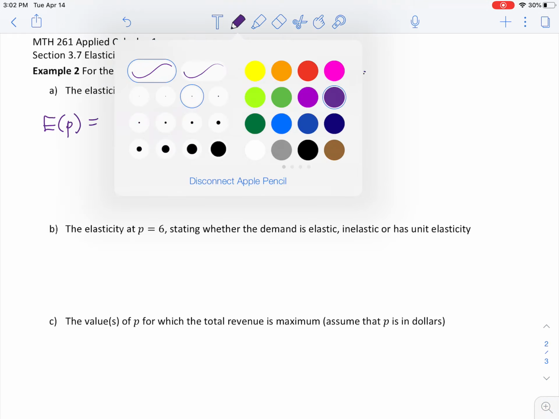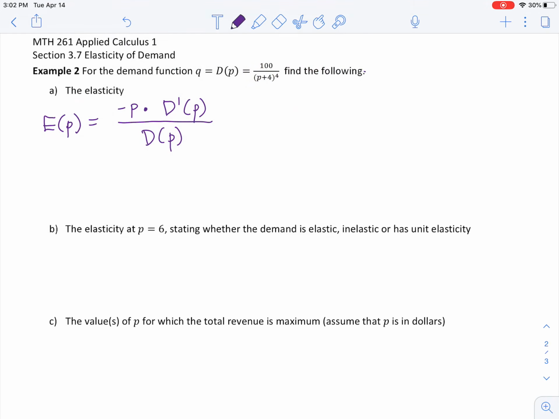Now, I know usually we try to use the quotient rule, but I think I'm going to avoid it. Let me rewrite this as 100 times p plus 4 to the negative fourth power, and then take the derivative using the power rule and possibly the chain rule for the inside part.